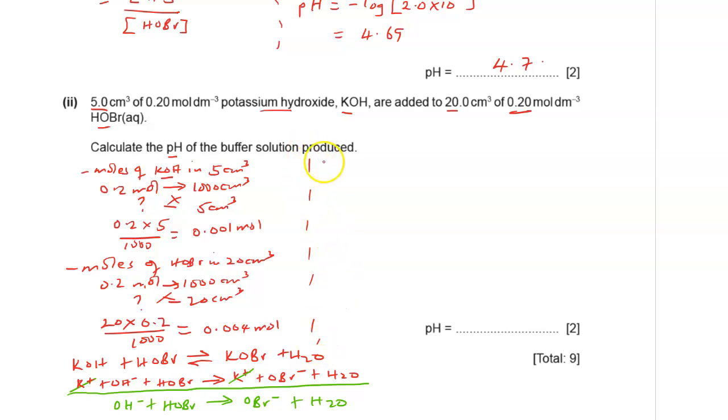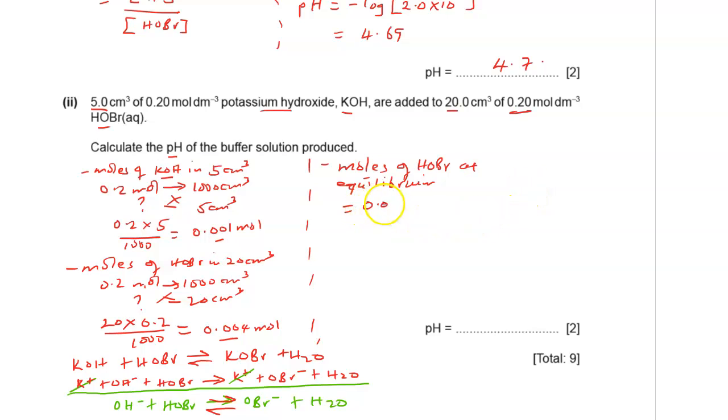So we need to get moles of bromic acid at equilibrium. When this equilibrium is established, we'll be having this number of moles of bromic acid minus the moles of the KOH.